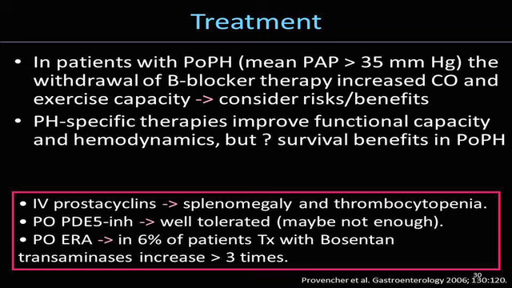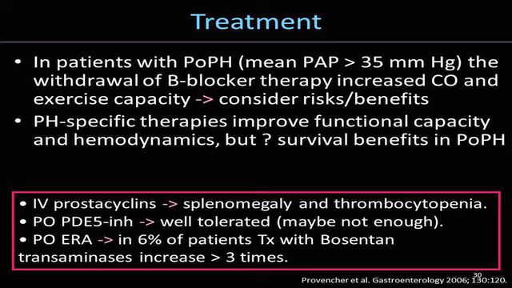In general, because there are no randomized studies in this condition, PH therapies will improve functional capacity, and this is mainly based on retrospective analysis, case series, but no randomized controlled studies.